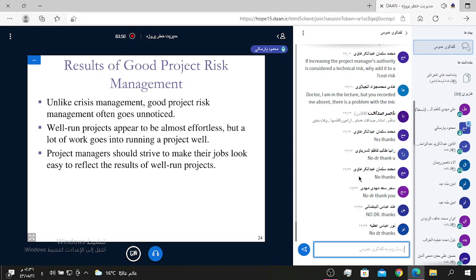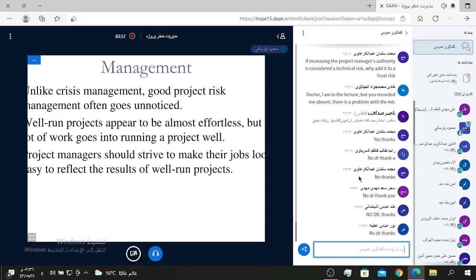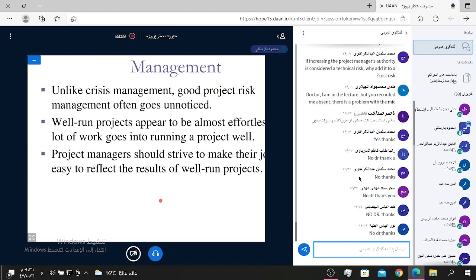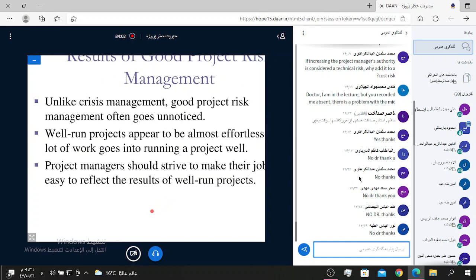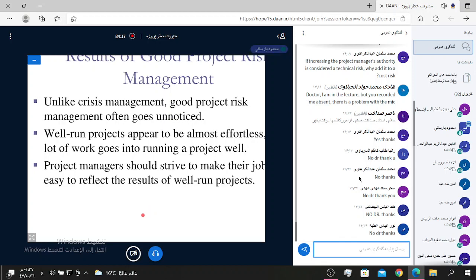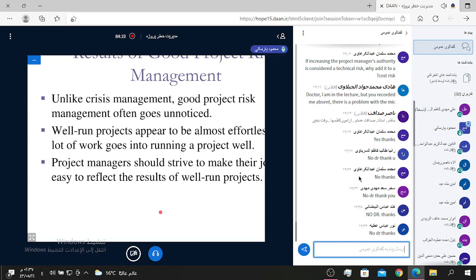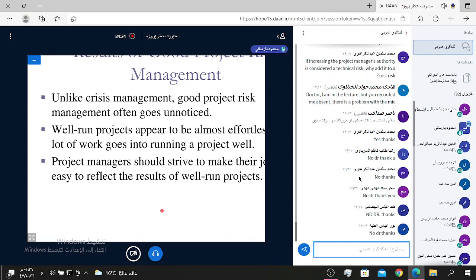About the result of good project risk management. First one, unlike crisis management, good project risk management often goes unnoticed.